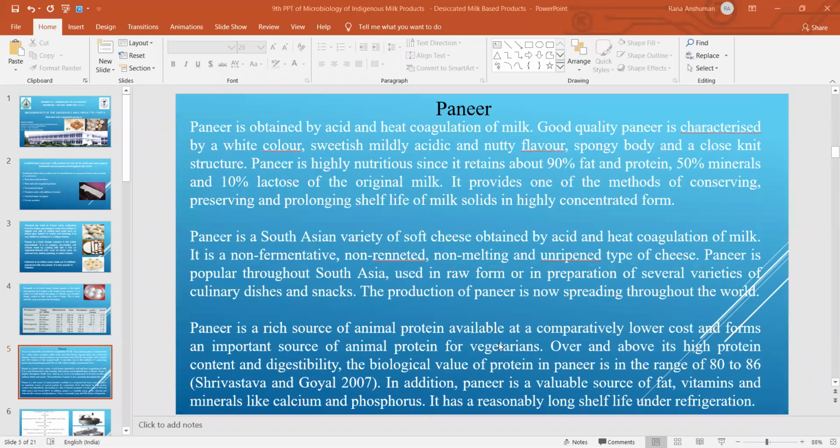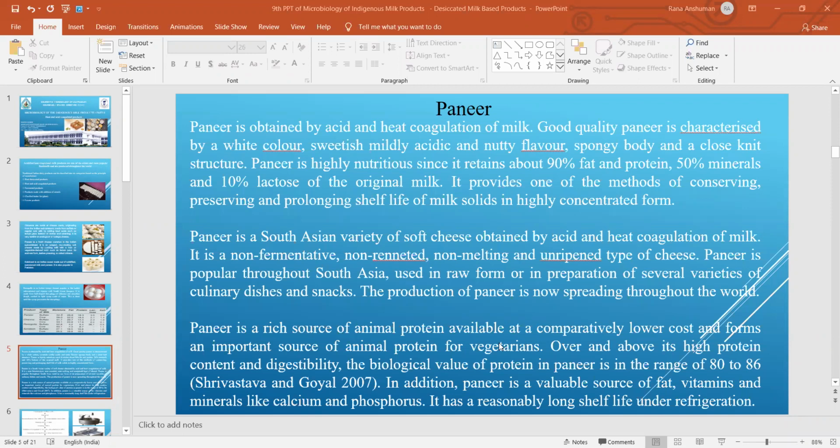Now, the first major indigenous milk product is paneer. It is obtained by acid and heat coagulation of milk. Good quality paneer is characterized by white color, a mildly acidic and nutty flavor, a spongy body, and a close-knit structure. These are the characteristics of paneer.